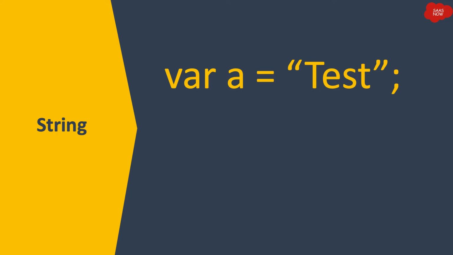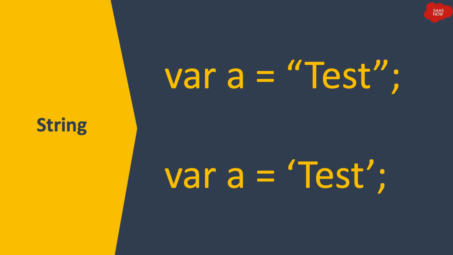First one is a string. You provide the string value by putting quotes around the values. The string is made with the help of double quotes, and you can also make a string value with single quotes as well.